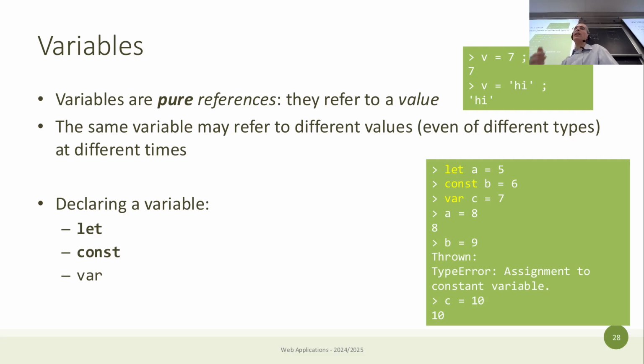So basically, when you execute the code and there's an assignment to a const, the execution environment will say, well, there's something wrong. It was a const, so check the code, and it will stop. Okay, with a type error, for instance. And then var, that was the old way of declaring a variable.